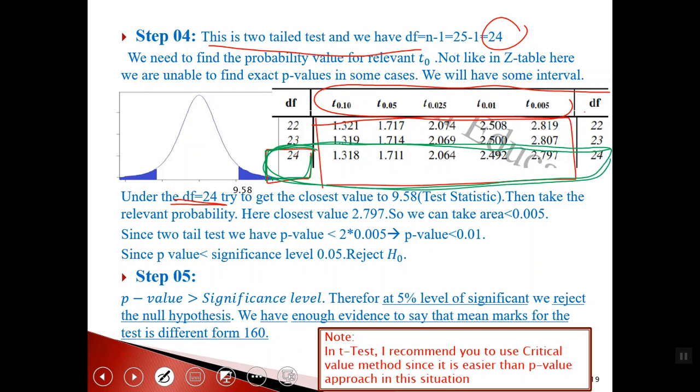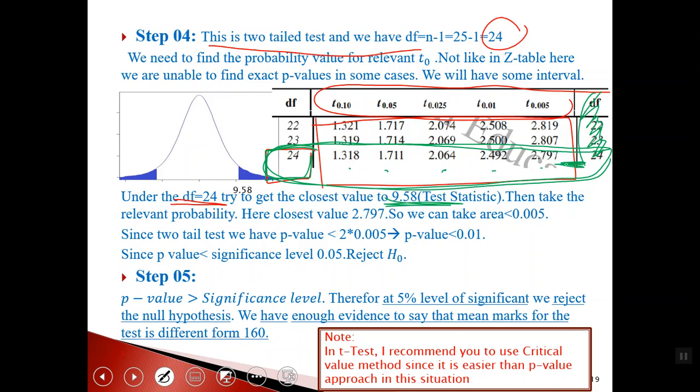Now you have to locate the closest value to your test statistic value, 9.58. So what is the closest value? This one, this one, this one. There is no value after this. See, this is again the degree of freedom, so you can forget about this one. The first column and last column are the same.